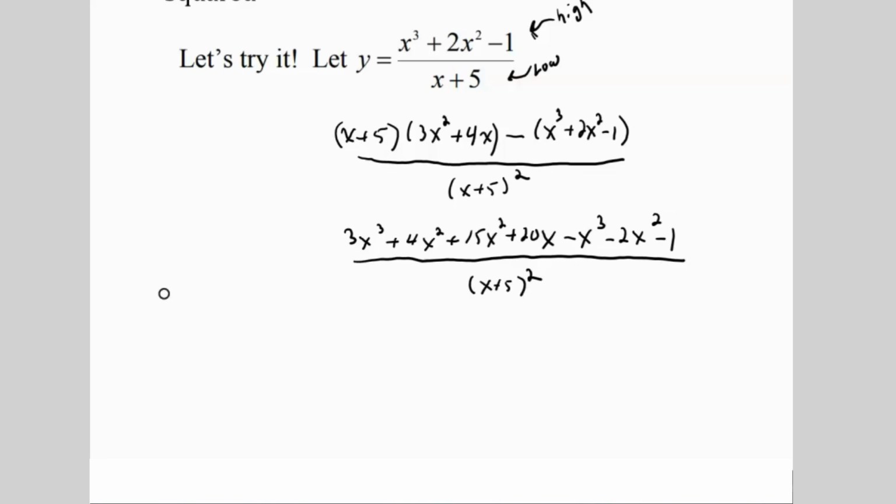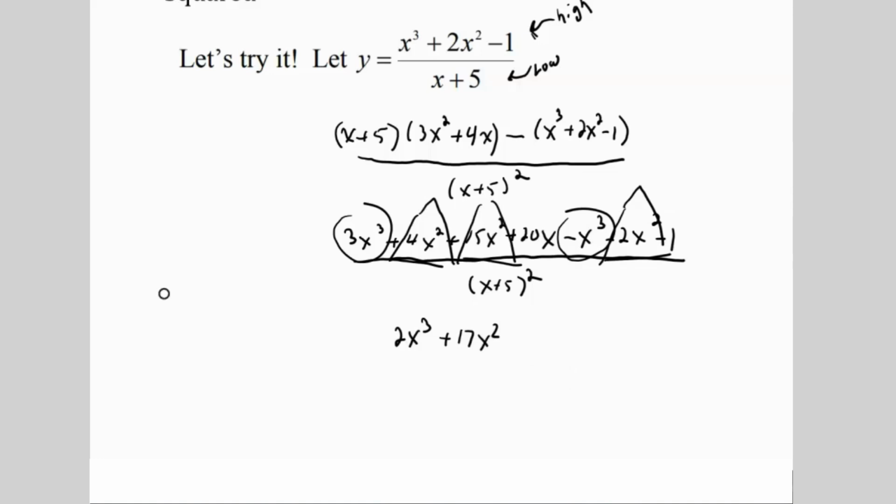Up top, I'm going to combine the like terms in the numerator. It looks like I have a 3x cubed and a minus 1x cubed, so that would be 2x cubed. I have a 4x squared, a 15x squared, which is 19x squared, minus 2x squared, which would be 17x squared.